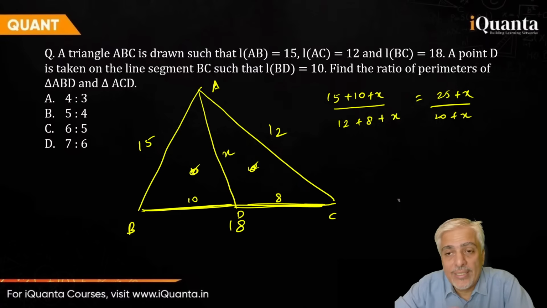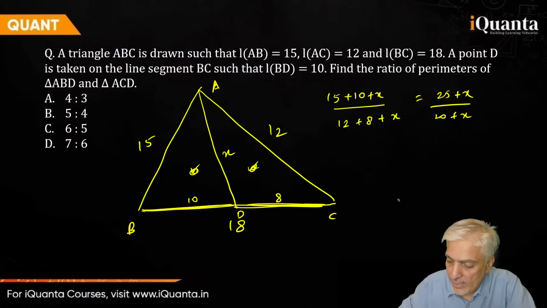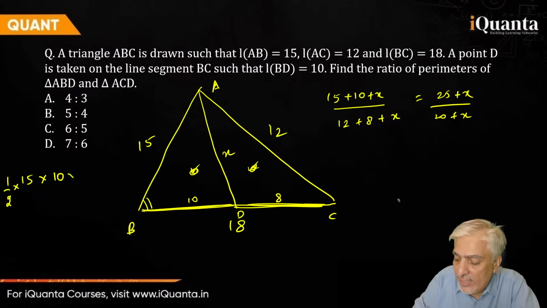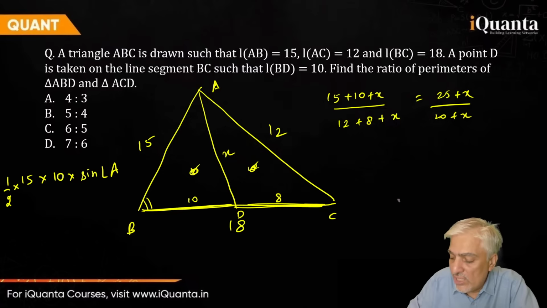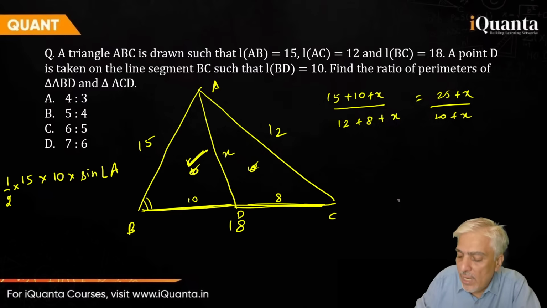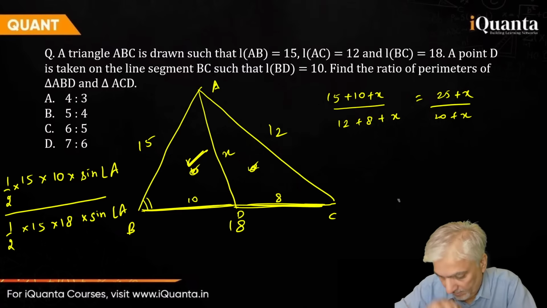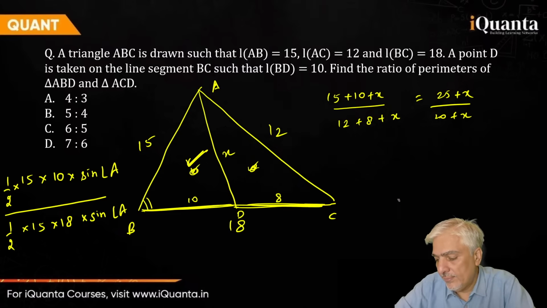Okay. Now, but I still need to get the value of x. So I can write half into 15 into 10 into sine A for this triangle upon half into 15 into 18 into sine A for the full triangle, right?